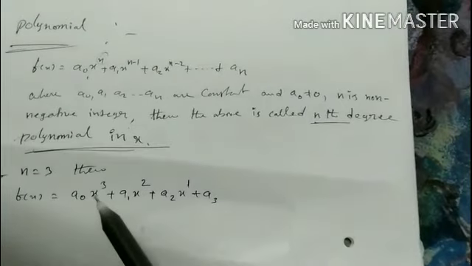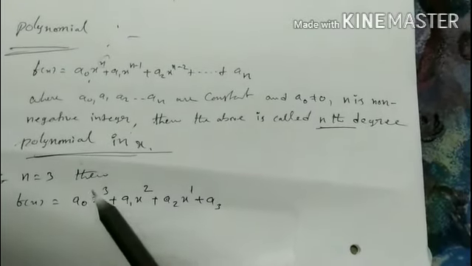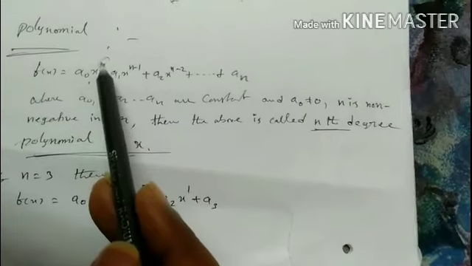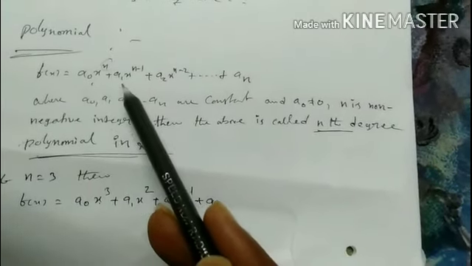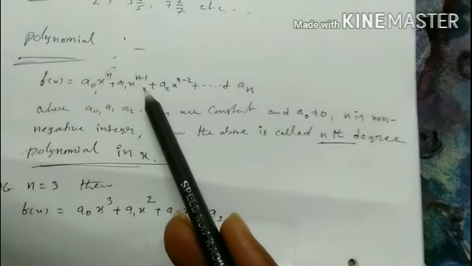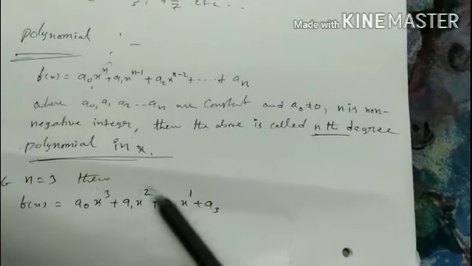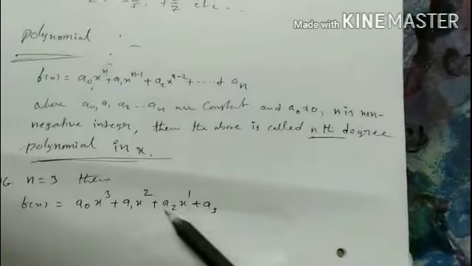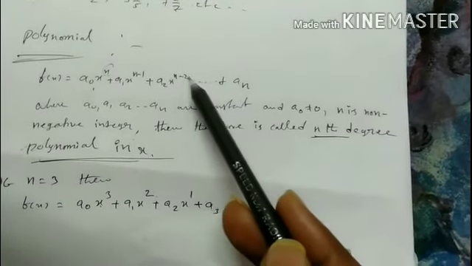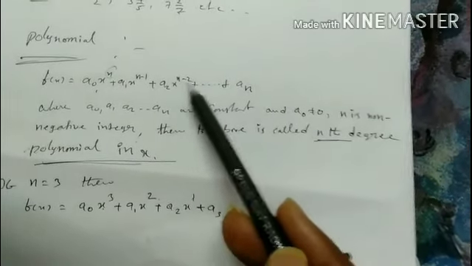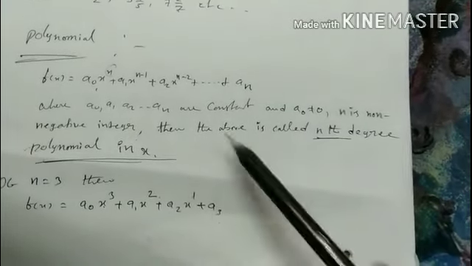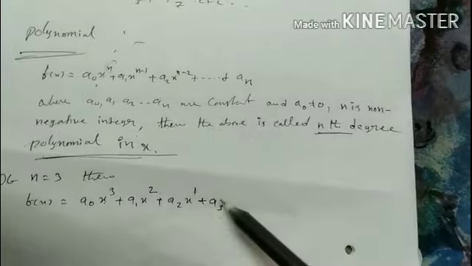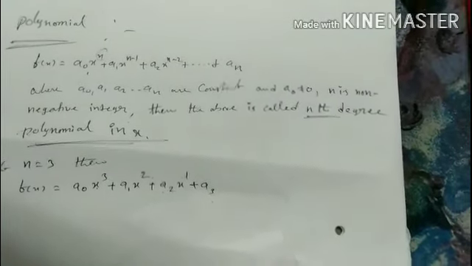Because if we put 3 in place of n, we get a naught x power 3, a1 x power 3 minus 1 that is 2, a2 x power 1, and a3 x power 0, and x power 0 is nothing but 1.